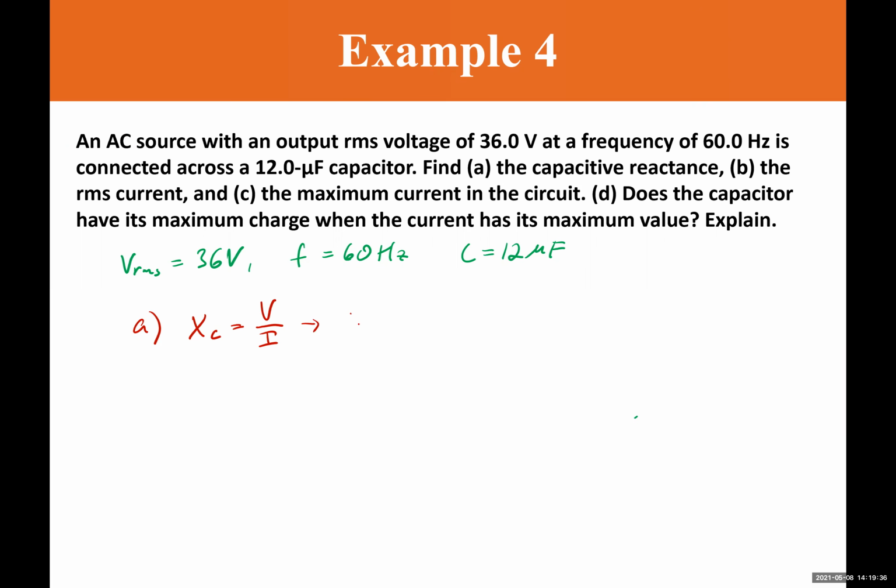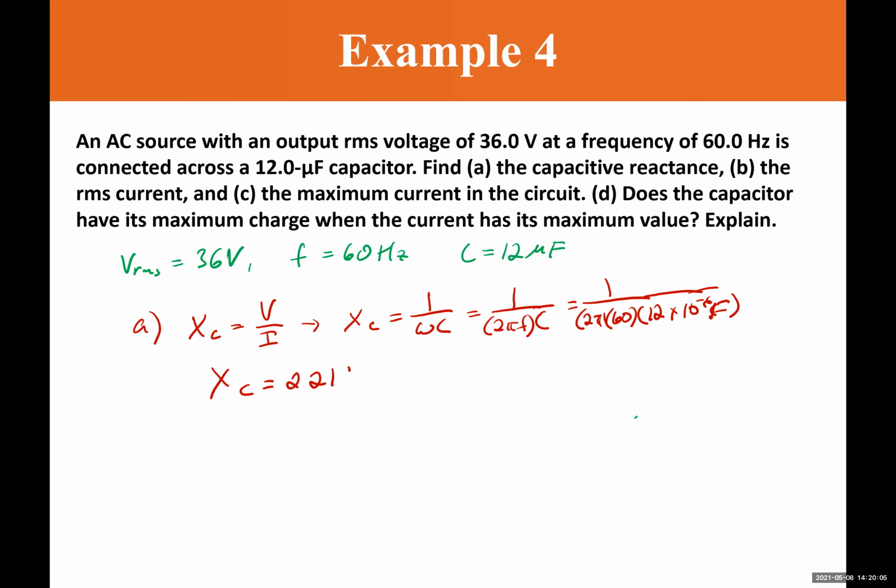So we use the second equation for X sub C, which is 1 over omega C. That means this is 1 over 2 pi f times C. So 1 over 2 pi times 60, times 12 times 10 to the negative 6 farad. Then we get the capacitive reactance to be 221 ohms.